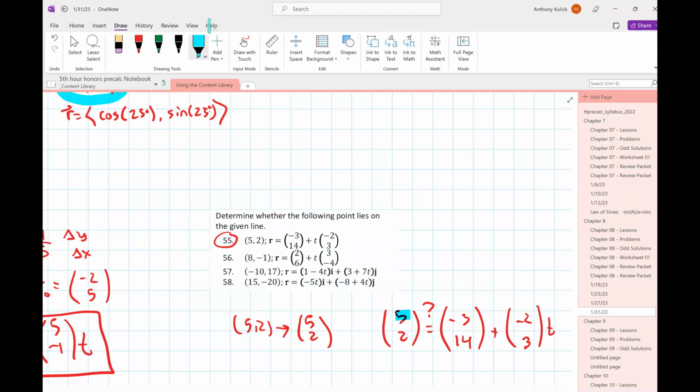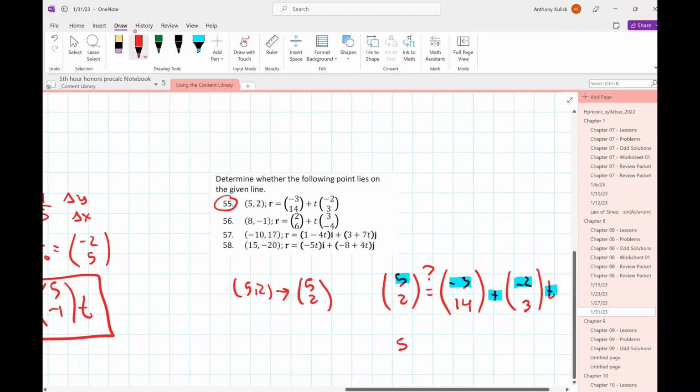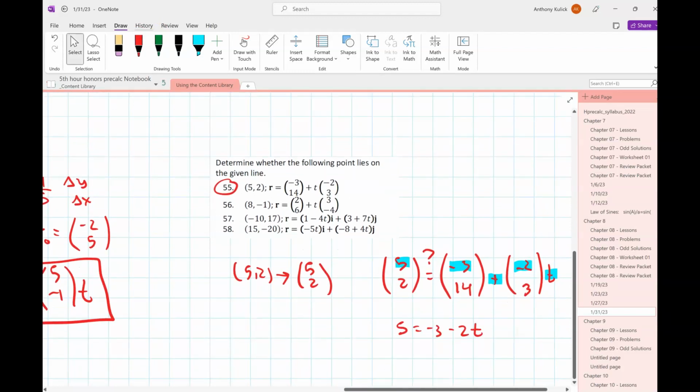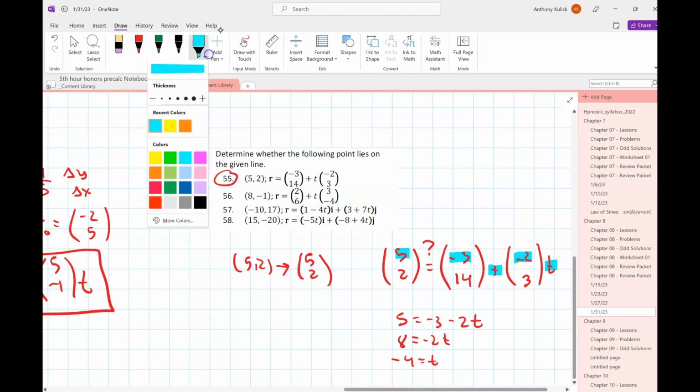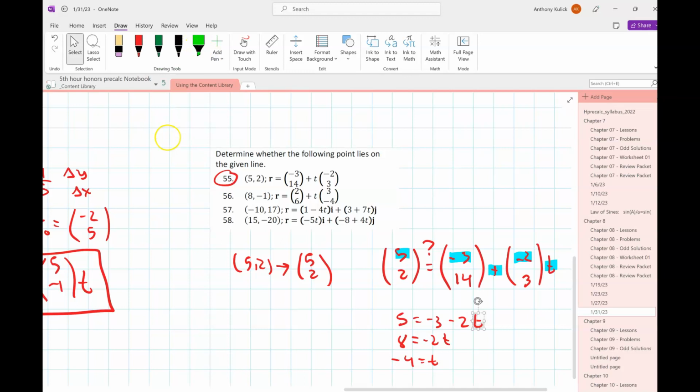So I'm going to write the equation 5 equals negative 3 plus negative 2t, and solve that for t. And then I'm going to write the equation 2 equals 14 plus 3t.